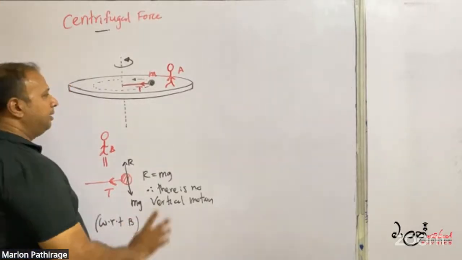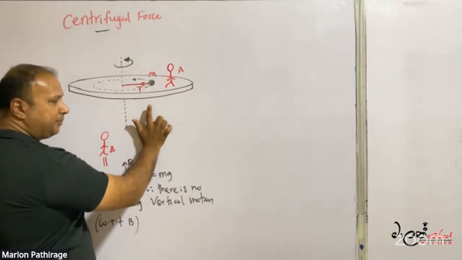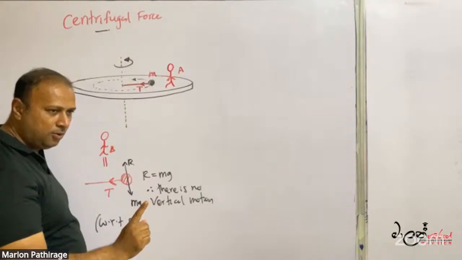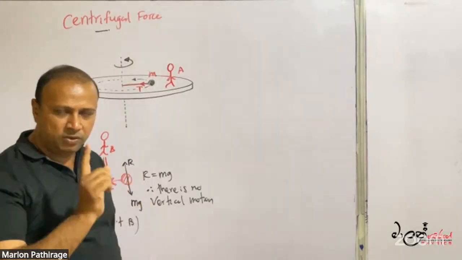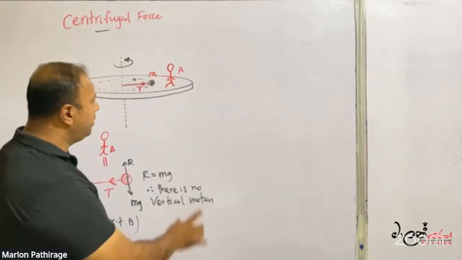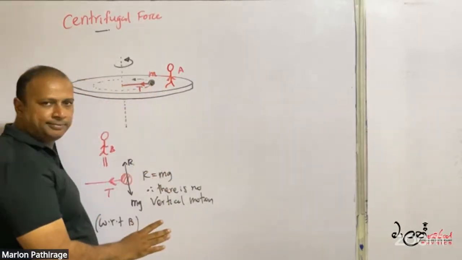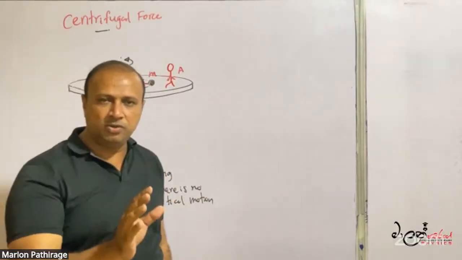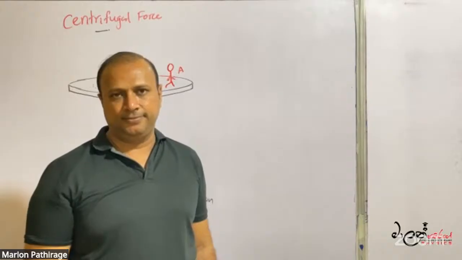And now, according to A, this object should have an equilibrium condition, because according to A, this object has no motion. As this object has no motion, definitely this object should be in equilibrium.